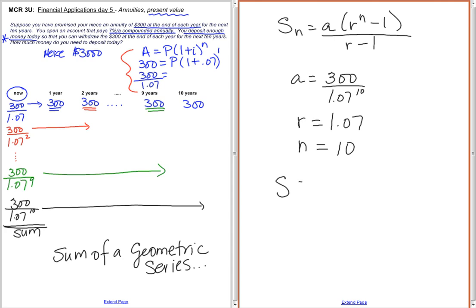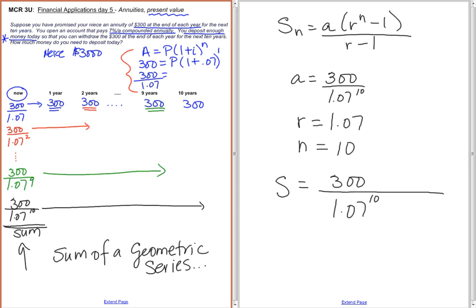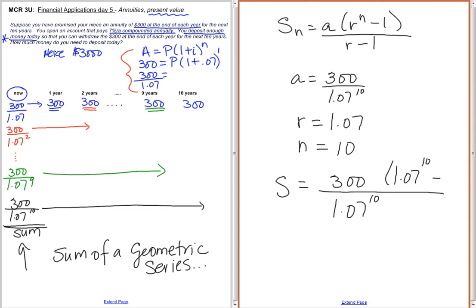The sum of all of these divisions would be 300 over 1.07 to the 10. I'm going to add them backwards, in other words. 1.07 to the 10 subtract 1 over r subtract 1, which is 0.07.